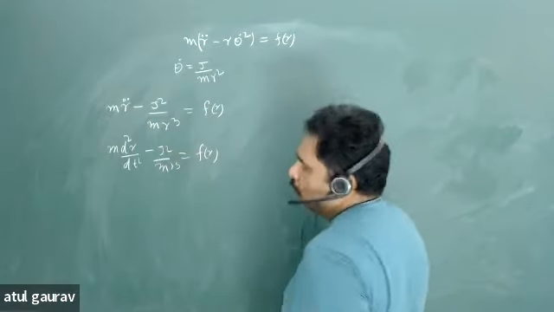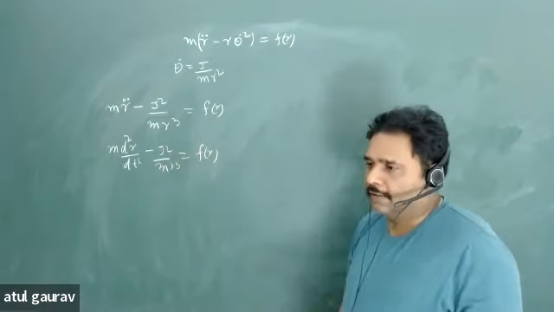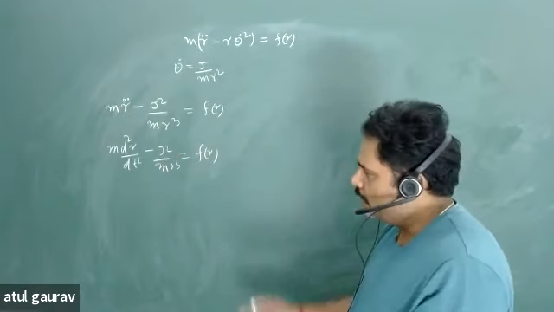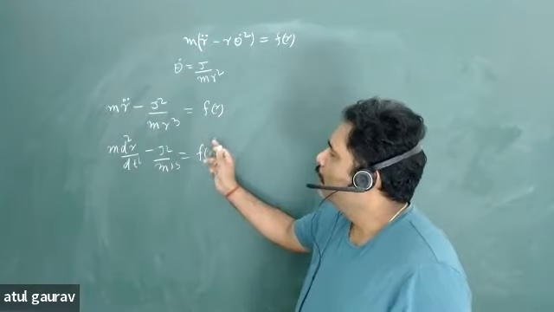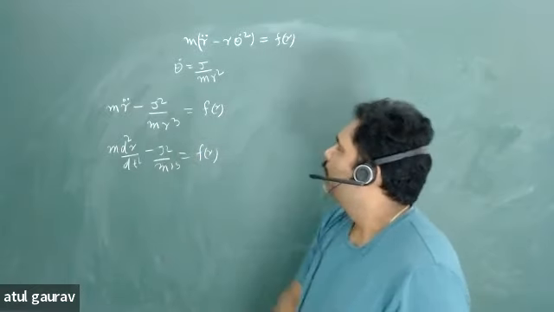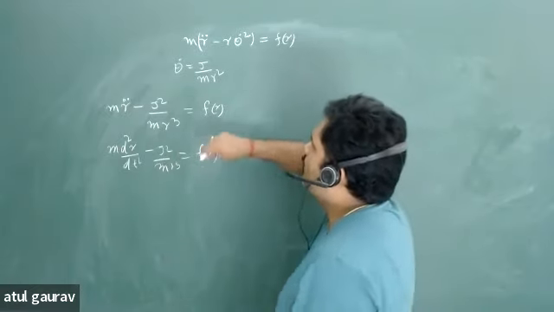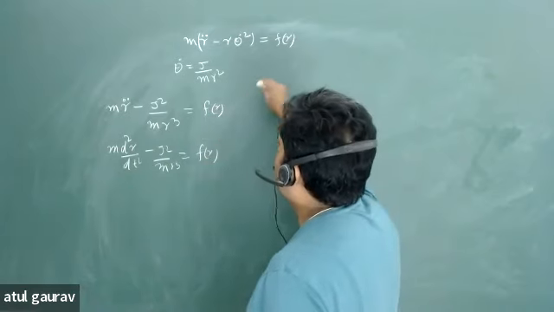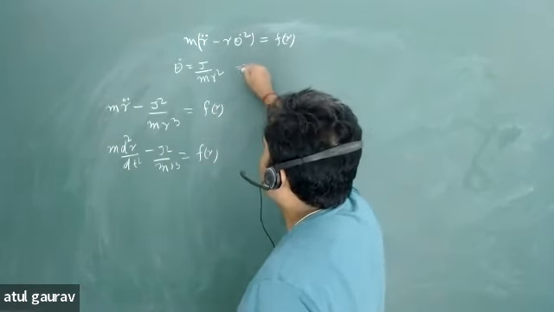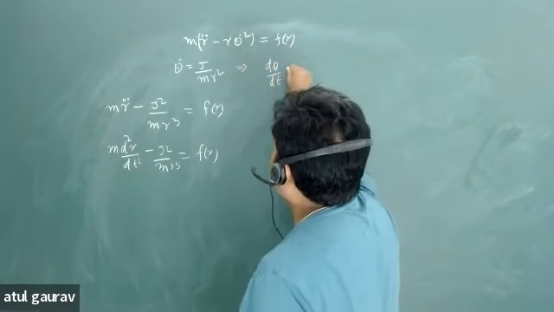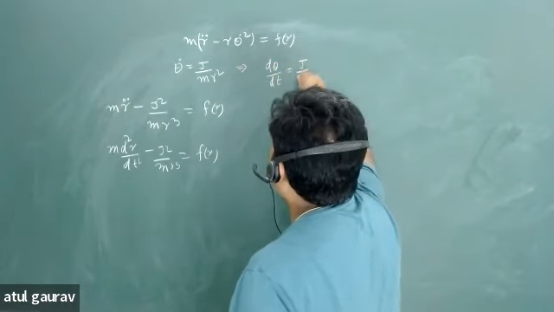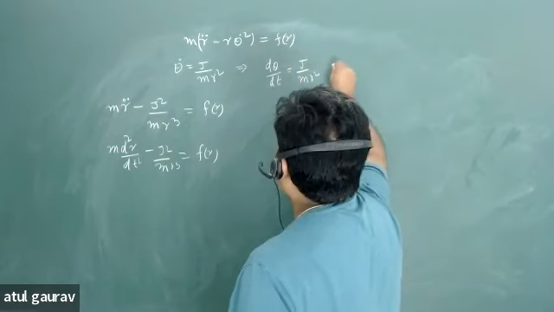Now, what do you have to do? Let's try to solve this one for r and theta. So we will use this particular thing. Look at how we will use it. This can be written as d theta upon dt is equal to j upon m r square.